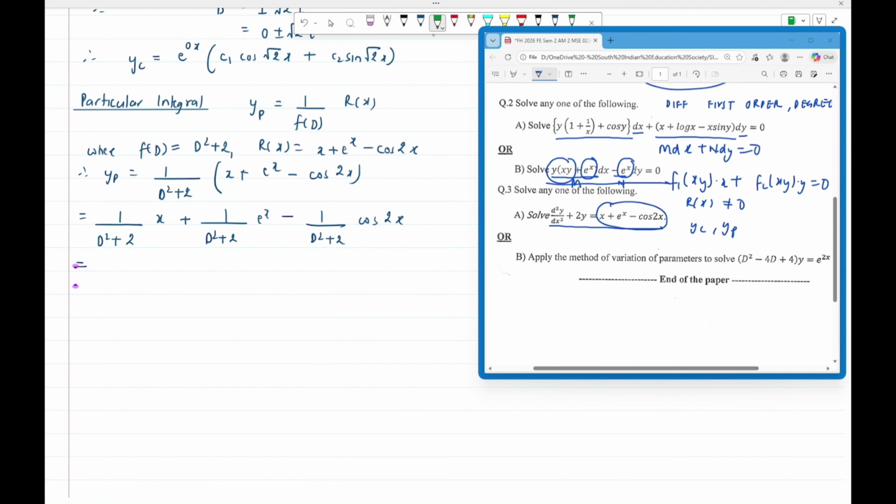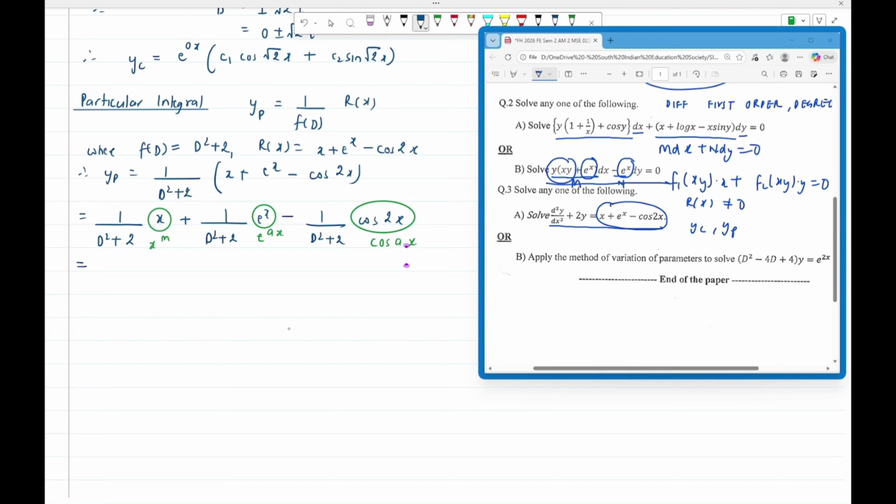Now these are three different types. The first part is of the type x raised to m, the second one is of the type e raised to ax, and the third one is of the type cos of ax. So let's do them simultaneously. For x raised to m, we need to rewrite f of d so that the constant term is 1.